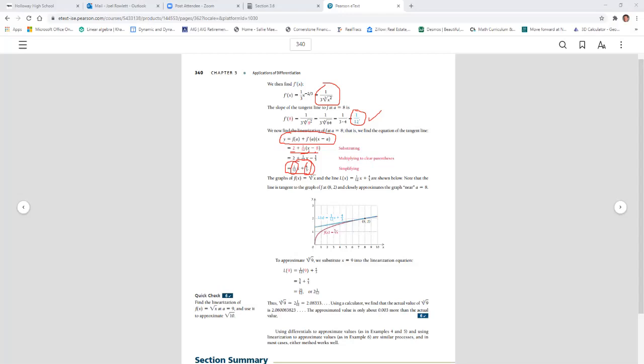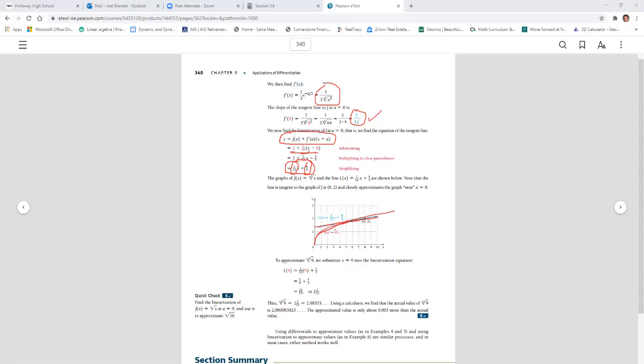So if we look at this curve here, this is part of the function cube root of x here. And then we figured out that the equation of this line happens to be 1/12 x plus 4/3.